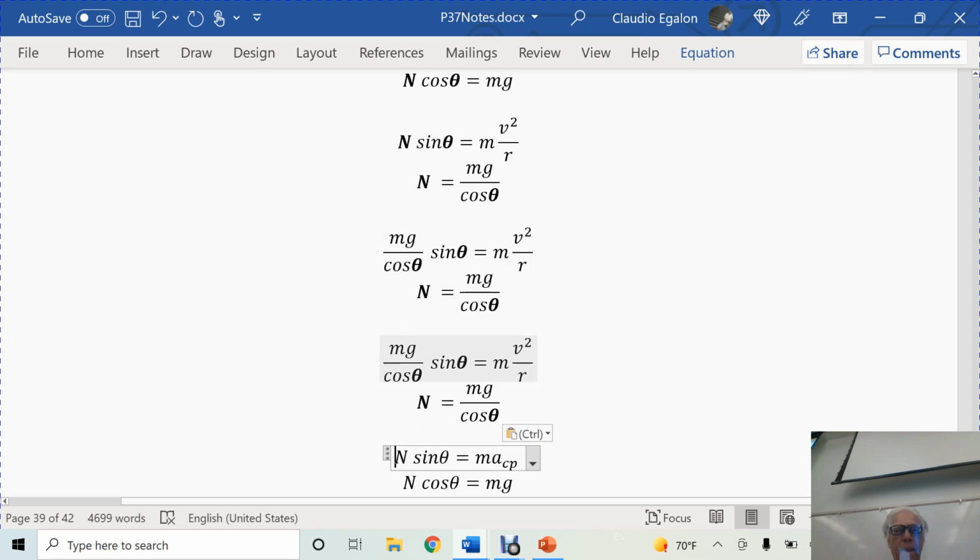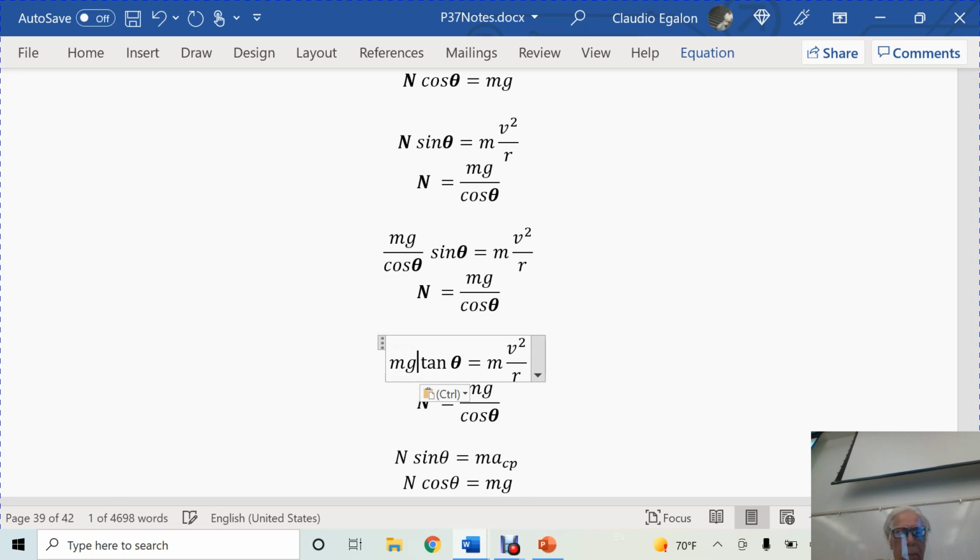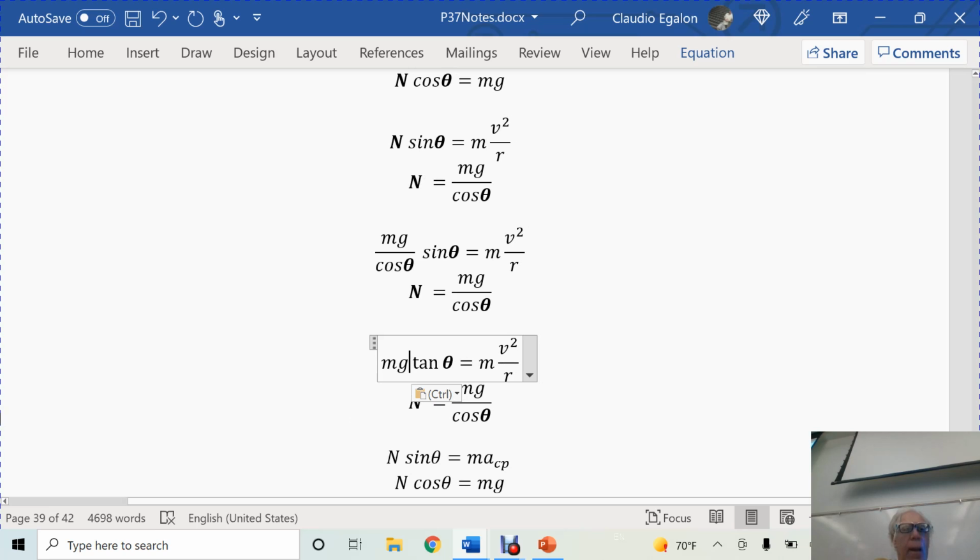It becomes tangent, sine over cosine. Now I've eliminated the other equation, right?